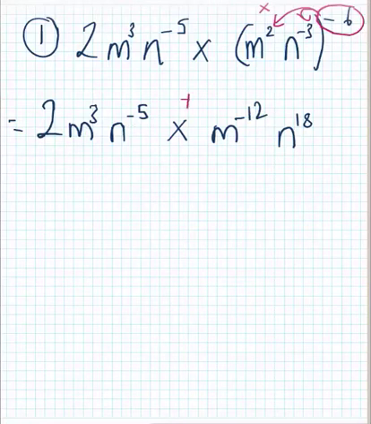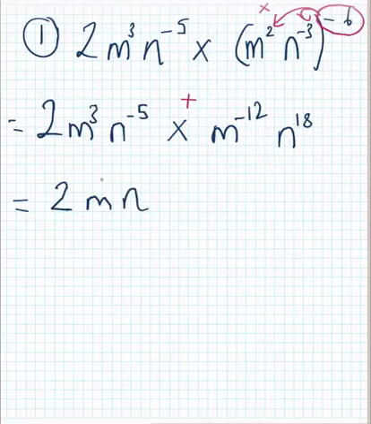So I'll put a plus there to remind me that I am now adding the powers, because we know when we multiply, that first index law we learned, we add the powers. Now 2 times a 1, the positive 1, is just 2, so 2 will stay the same. My bases are m and the other one is n. So that will be my next step.